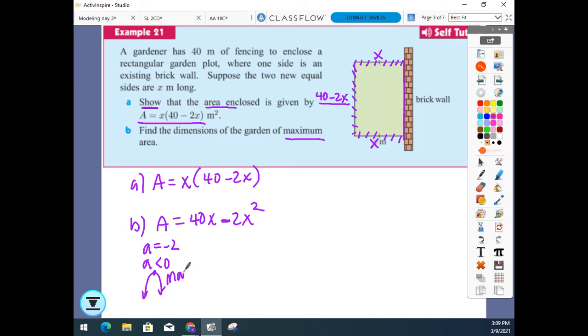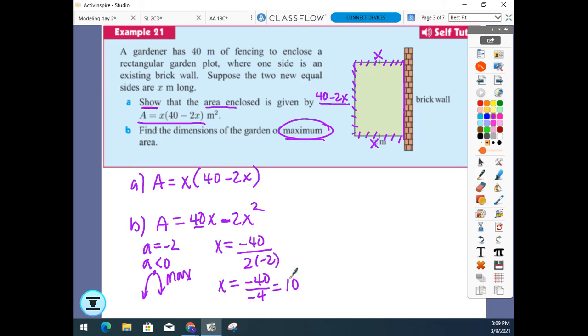Therefore, it's a max, which is what we're trying to find, maximum area. So then I find my x value, opposite of b over 2 times a. So negative 40 divided by negative 4 is positive 10.